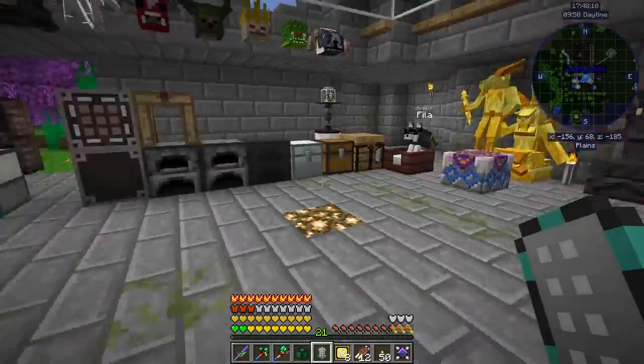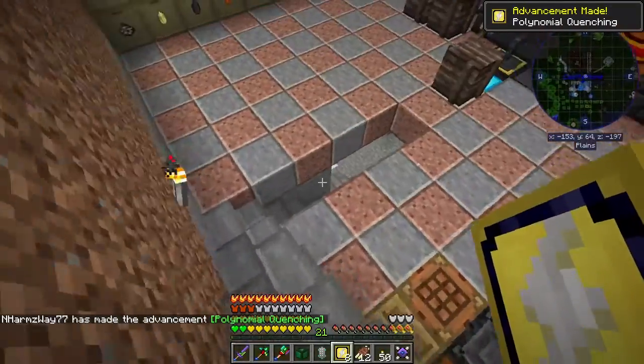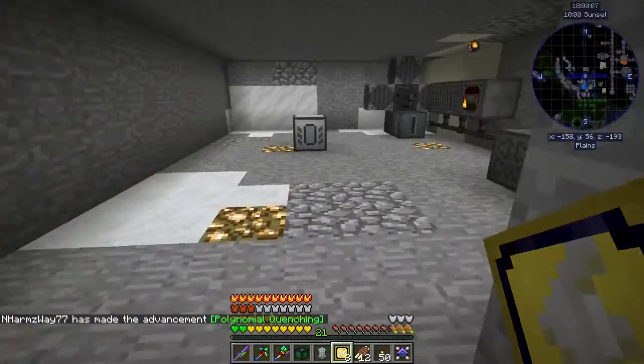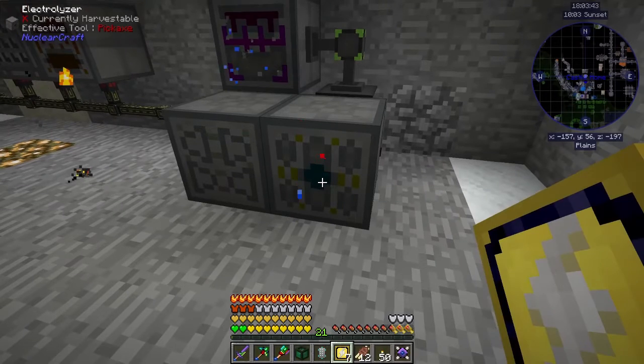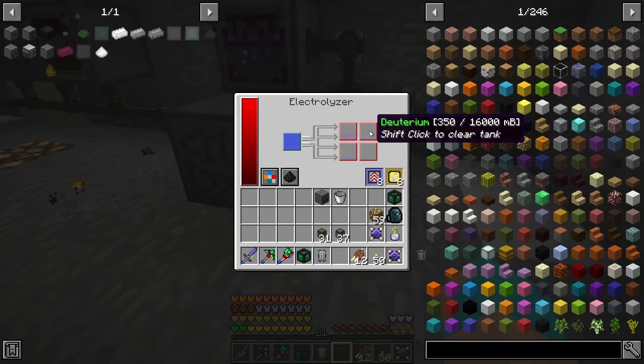Alright, so that's the oxygen, right? Or that will work us towards oxygen, because this is now sucking up a lot of power. We have oxygen, we have hydrogen, we have deuterium.